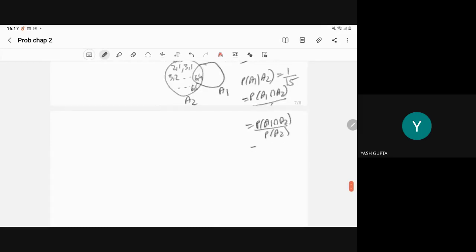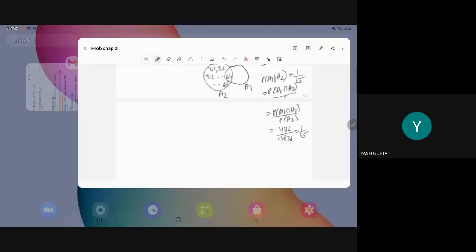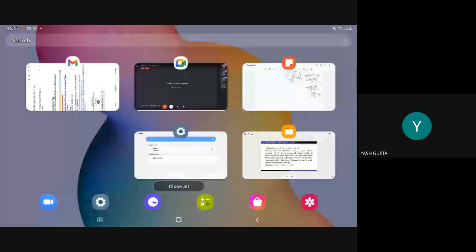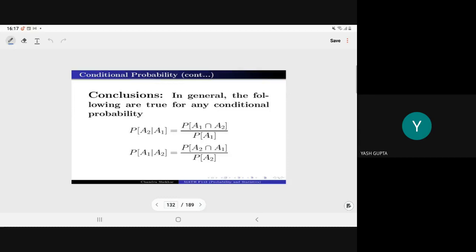We know that it is 1 upon 36 divided by 15 upon 36, so ultimately it will come to 1 upon 15 only. So it's up to you how you determine or understand conditional probability. The only thing is that under some condition, we are diminishing the sample space.